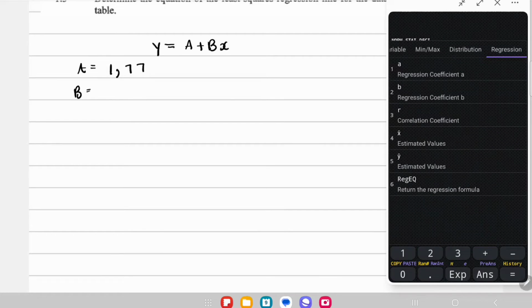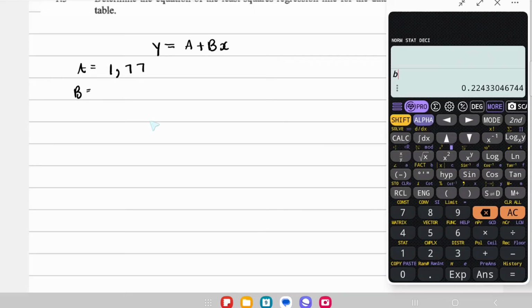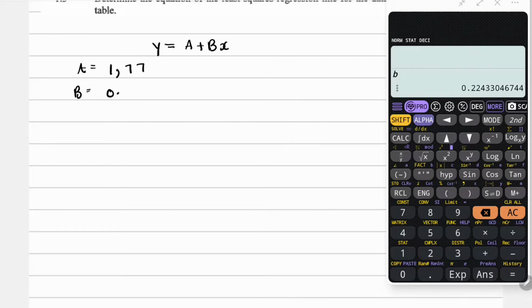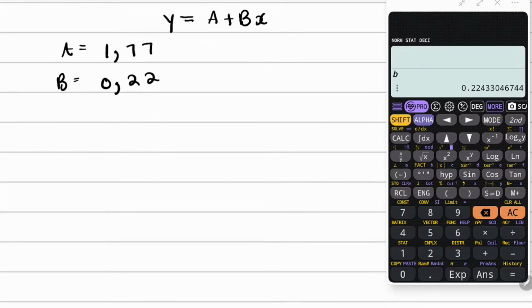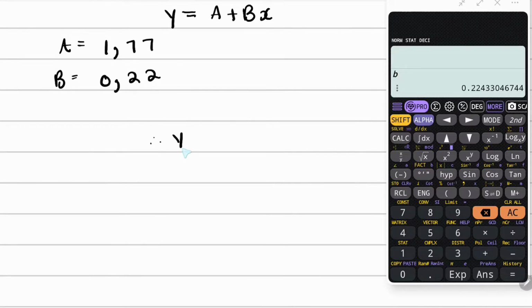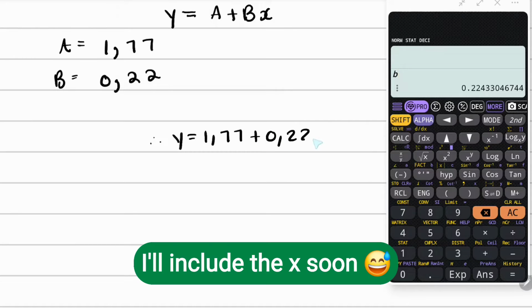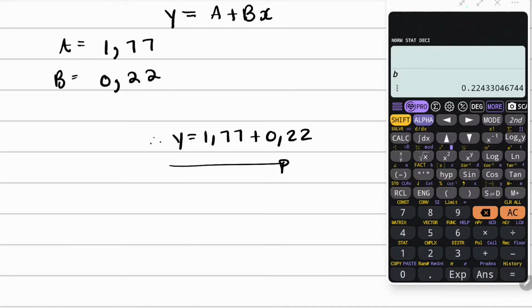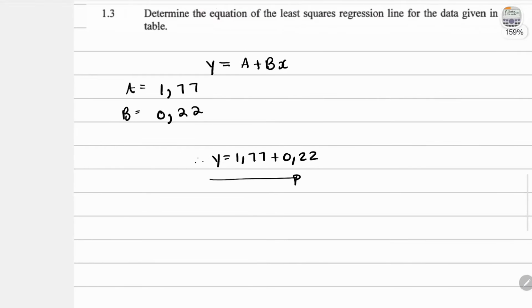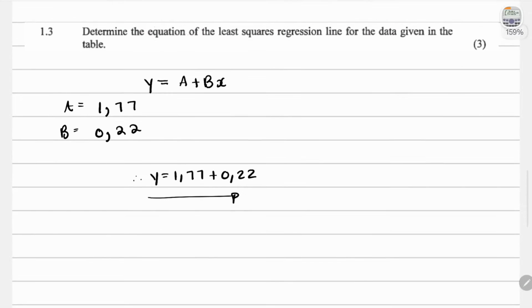You don't have to erase anything on your calculator. Again, go for regression, and then we're going to go for option B to find the B value. So B is equal to what? That gives us 0.22. Okay, so as an equation, this is just y is equal to 1.77 plus 0.22x. And that is the equation of our least squares regression line. Moving on to the next question.